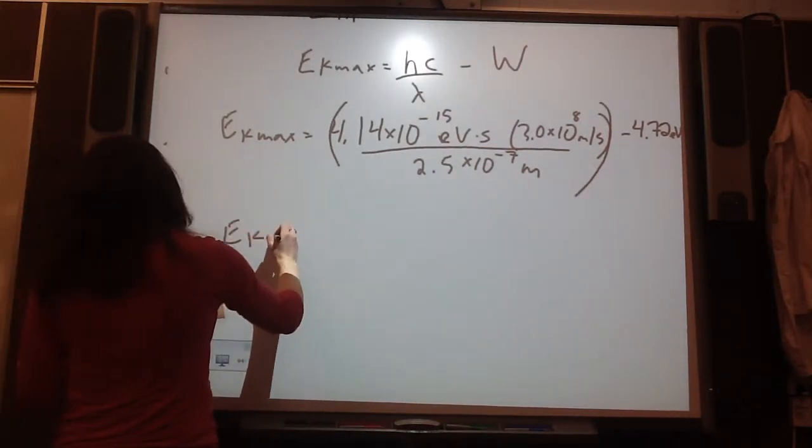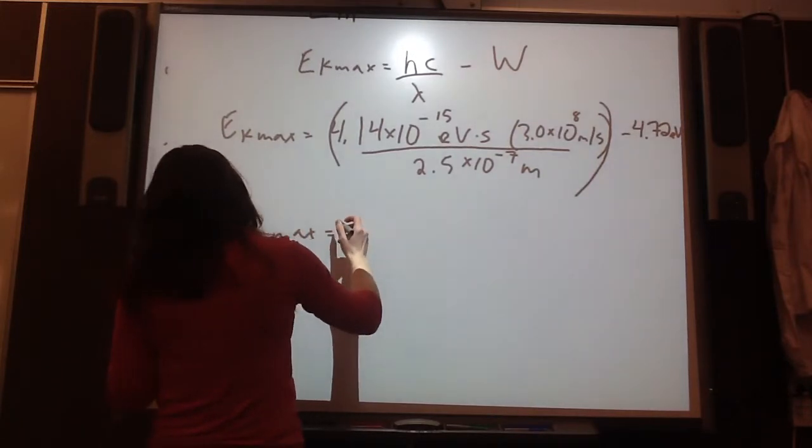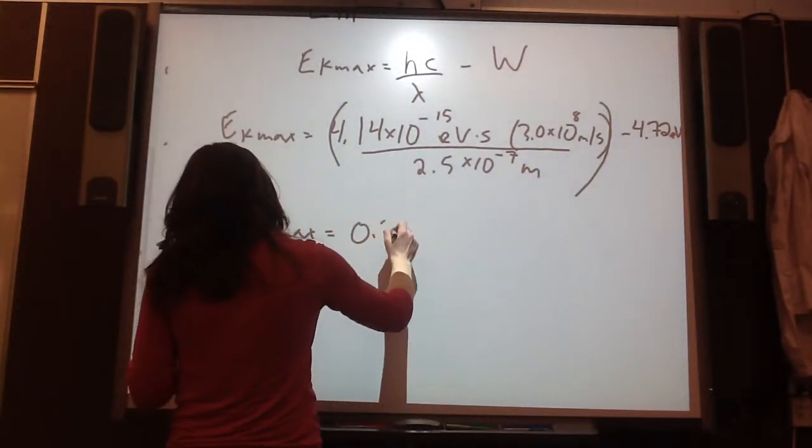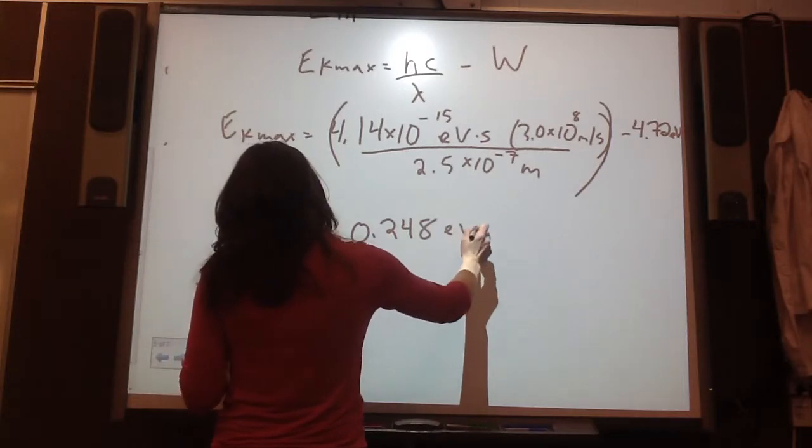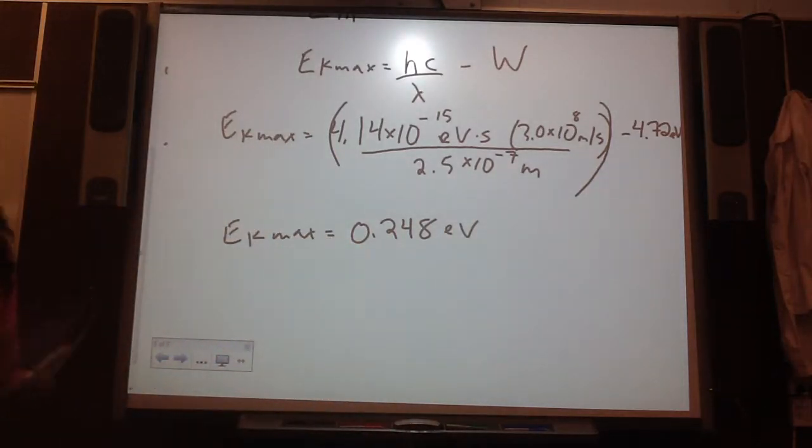So I get an EK max of 0.248 electron volts. Now, here's the thing.